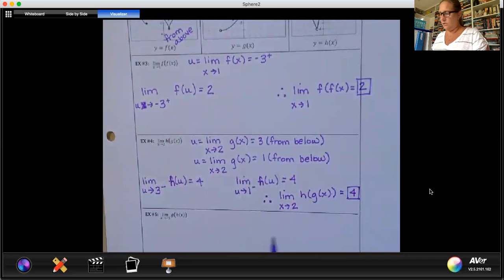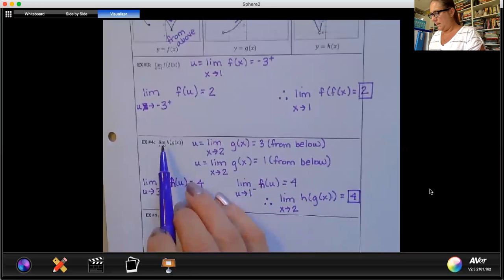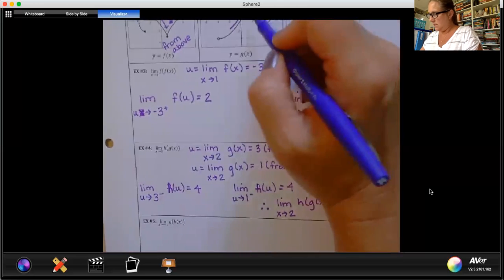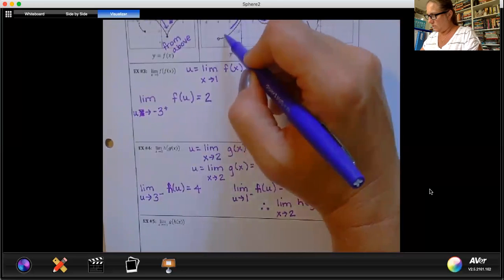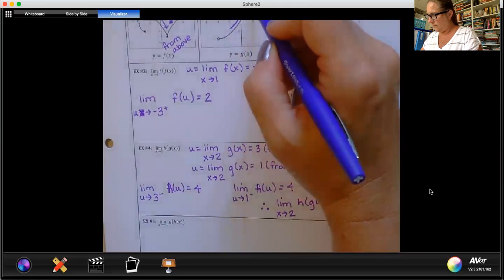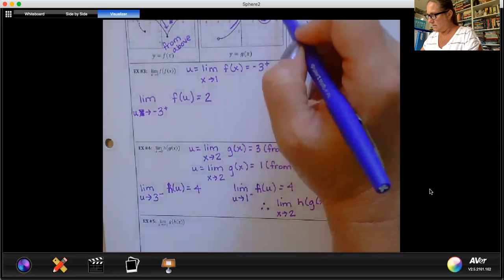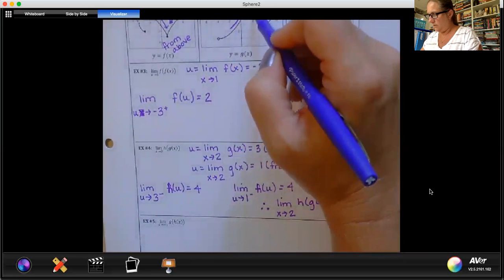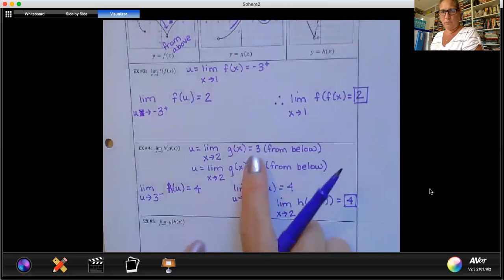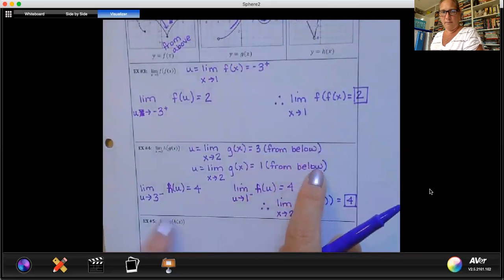So I'm going to redo part of that, not writing it down, but just going through it to make sure we got everything. H of g of x, we start with x approaching 2 on g of x. We have two different y values. From below, from the left gets 3. From the right, from below gets 1. So 3 and 1 from below.